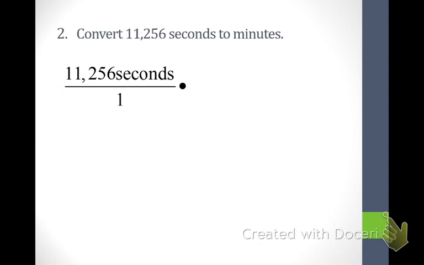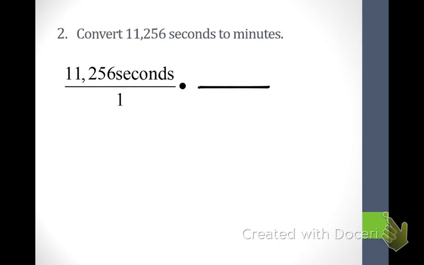Take a look at number 2 then. Want to convert 11,256 seconds to minutes. Right? So we're going to create a ratio to multiply that by. Just worrying about the units, if we want to move from seconds to minutes, in the ratio that we're going to create to multiply into that, where are we going to put the seconds?